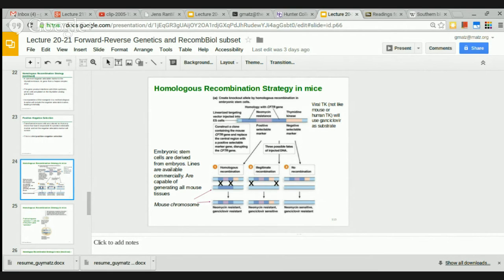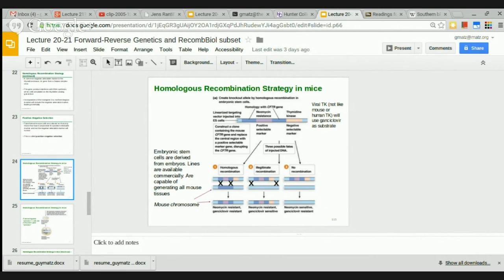Alternatively, our transgene can undergo illegitimate recombination, so that in this case they're showing you a situation where there is a double crossover. And you are replacing DNA, but you're not replacing DNA that has anything to do with that gene. You're just going in somewhere into the chromosome. Okay?